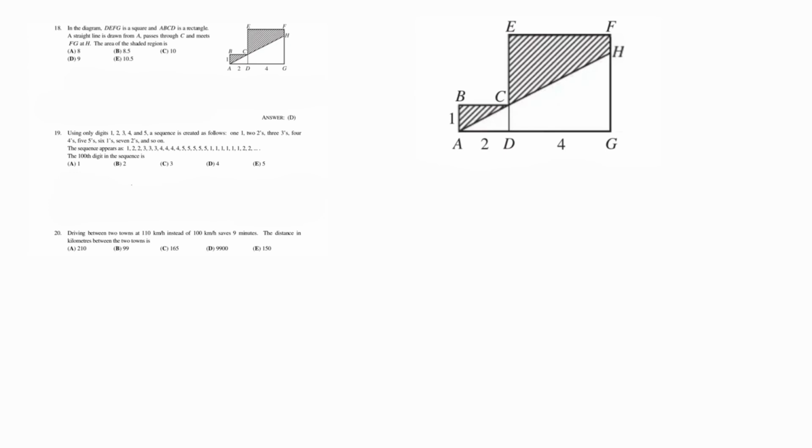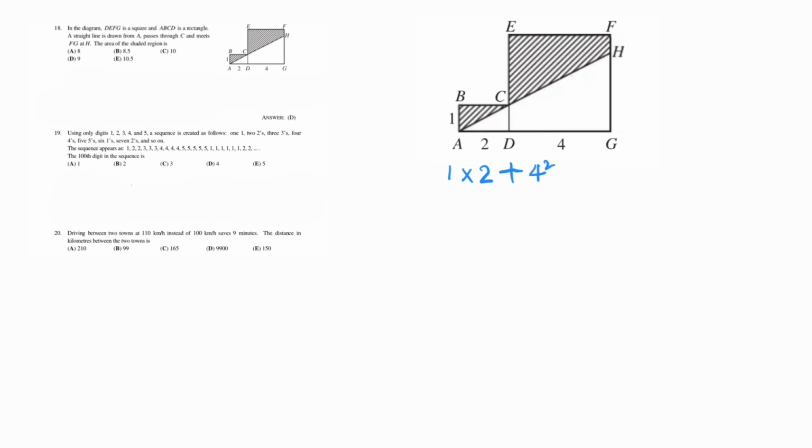So to calculate the shaded area, we can always use the whole area minus the white part area. The whole area is the area of the square. That's 1 times 2, and the square area is 4 squared.